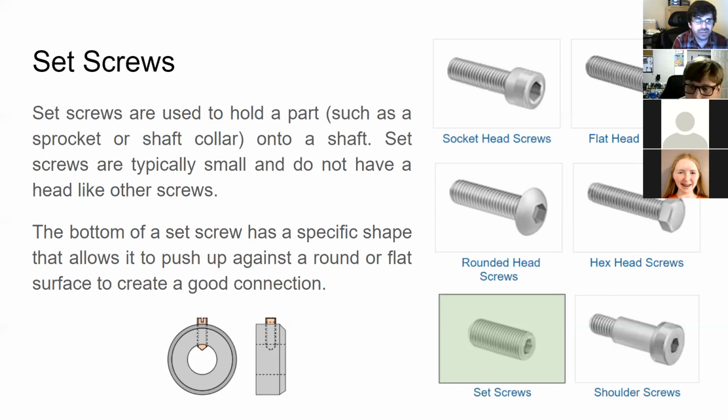We don't use them very often, but I know that in FTC, we had them on the shaft collars. And one thing that we'll talk about is Loctite. We'll always want to make sure we're Loctiting set screws because they can come out just like any other screw.